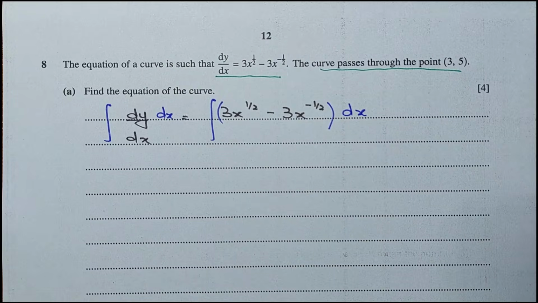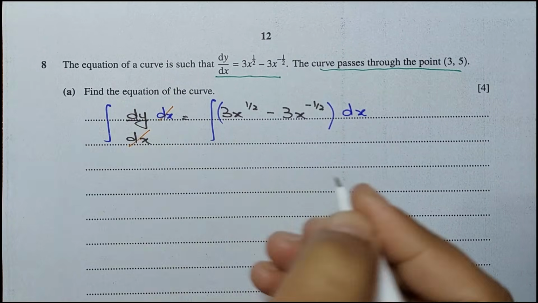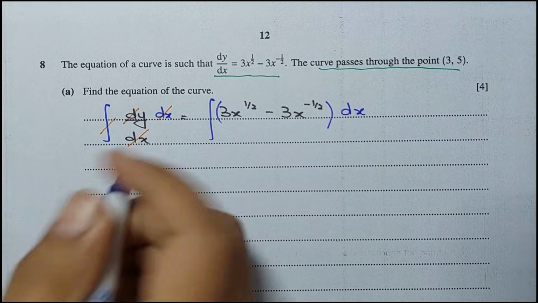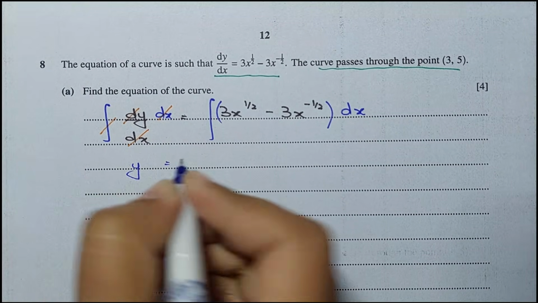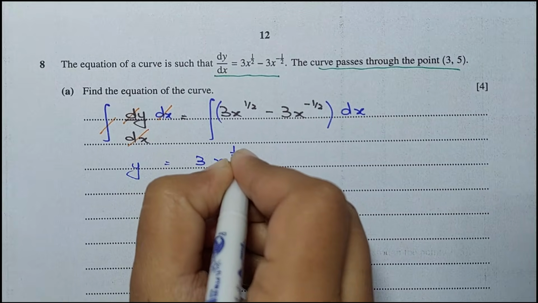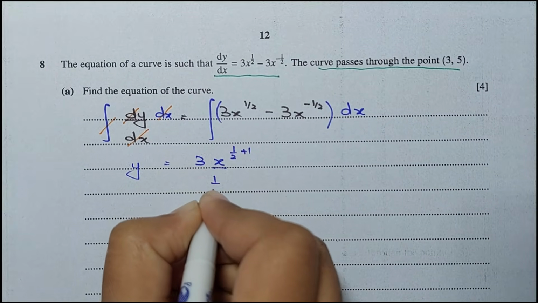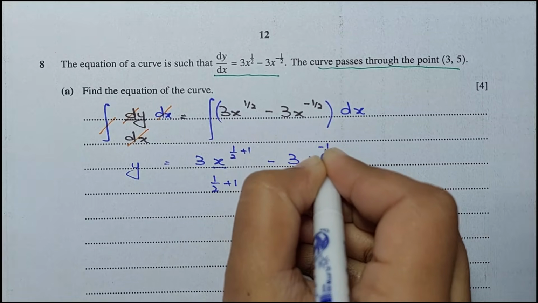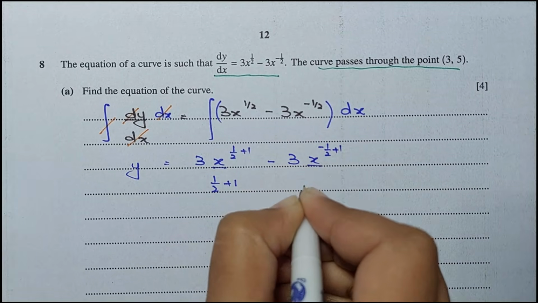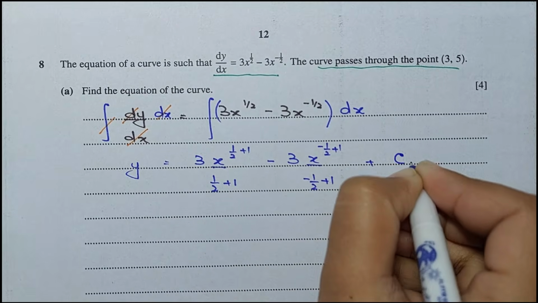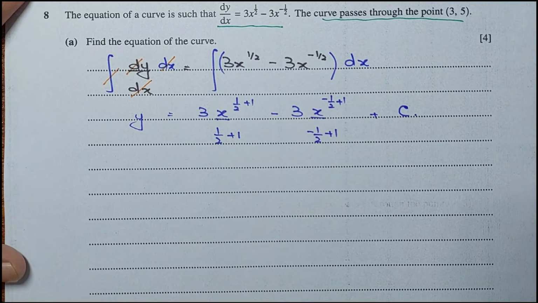When we integrate with respect to x, the derivative and integral cancel out, so we are left with y equals 3 times, applying the power rule, x to the power plus 1 over power plus 1, minus 3x to the power plus 1 over power plus 1, plus some constant of integration, because this is an indefinite integral.